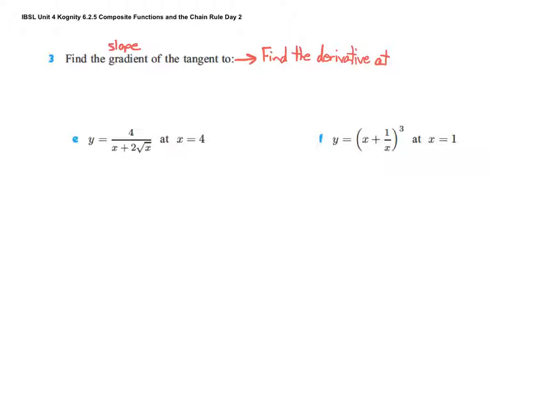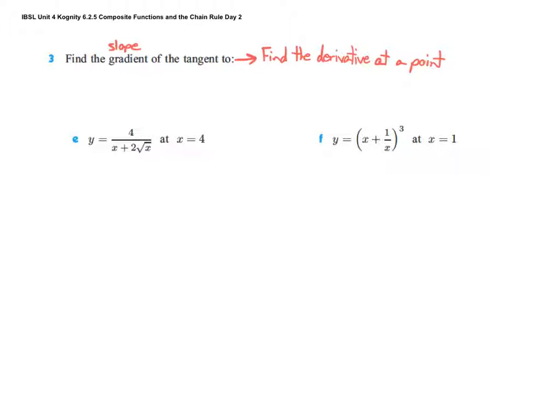Because remember, the functions that we get when we take the derivative, those are functions, but remember what they represent. We can plug in any x value of a point that's on the original function, and our derivative function will tell us what the slope is at that x value. Okay? Or at that point on the graph.